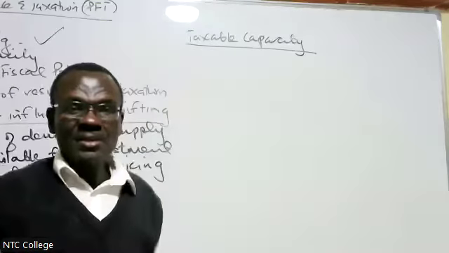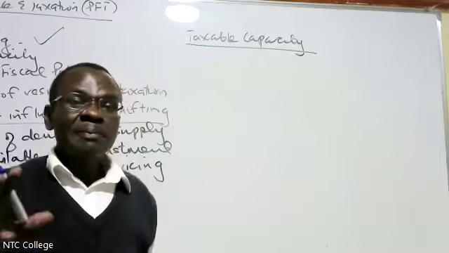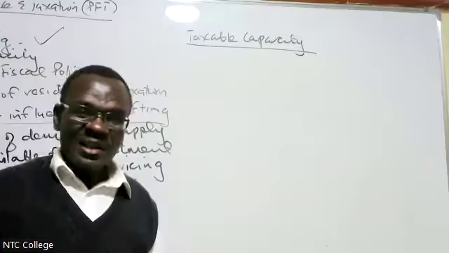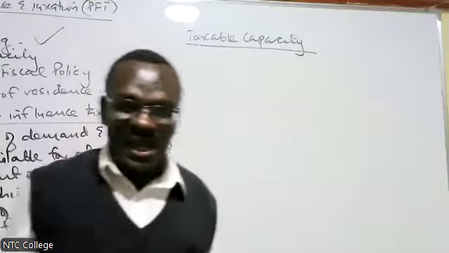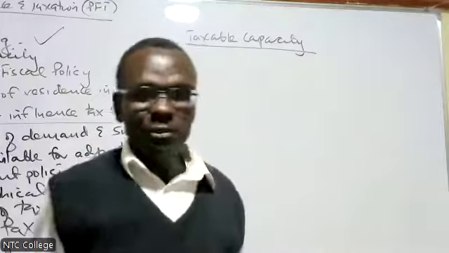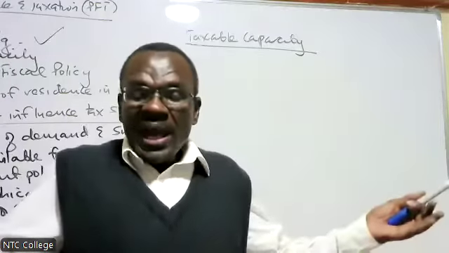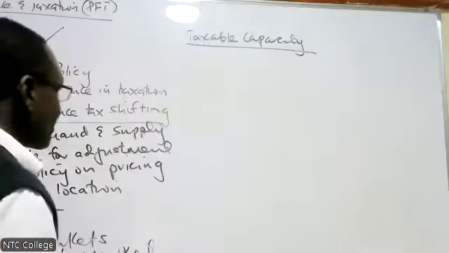Get the maximum tax without causing pain or undesirable effects. So you should be asking yourself, what is the maximum tax the government can get from you without causing you negative or undesirable effects? That's taxable capacity.